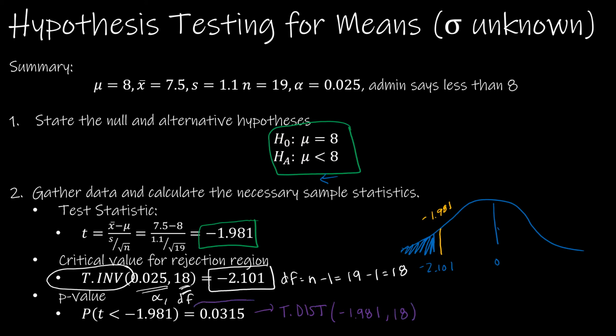And we should end up with this value. And again, when we're looking at conclusions, we're going to be looking at this p-value, 0.0315, which is greater than alpha, which was 0.025. And therefore, that tells us to fail to reject as well.